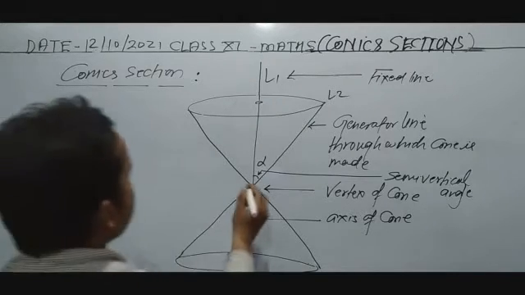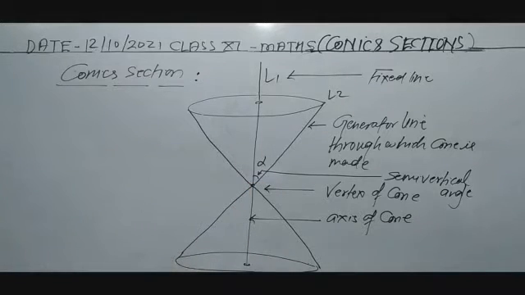The cone above the vertex is known as the upper nap.